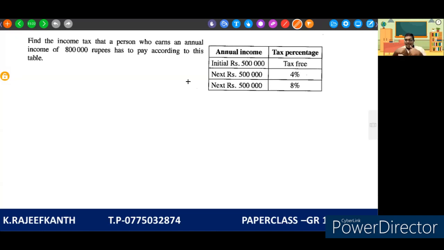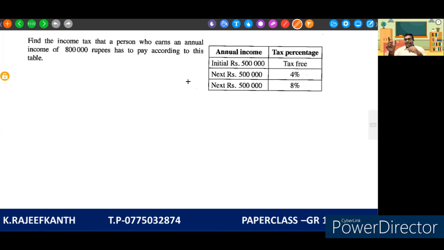If your annual income is 600,000, then no need to pay on the initial 500,000, but you have to pay the tax for the balance 100,000.